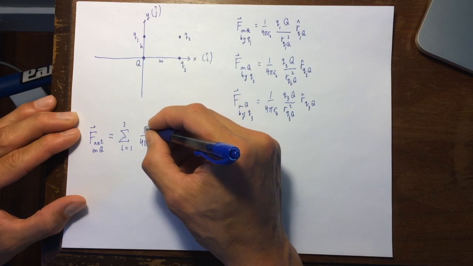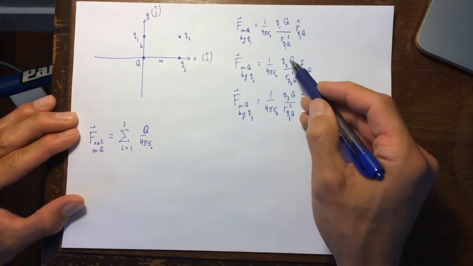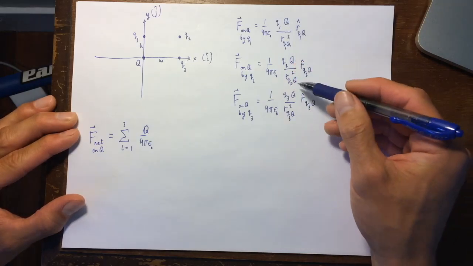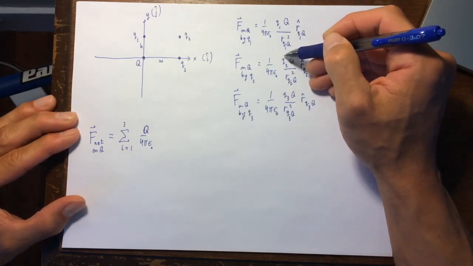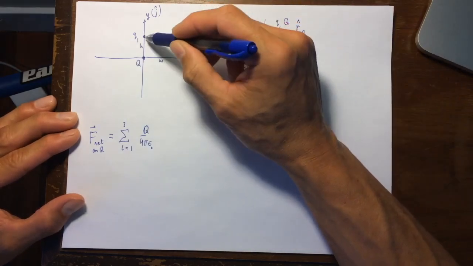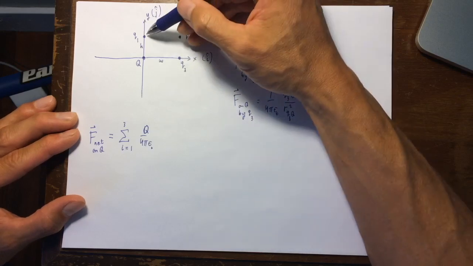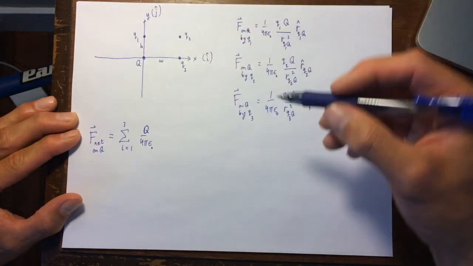Hopefully you can keep up. I'm going to put capital Q. Capital Q is common everywhere. The only things that change are the value of the charge little q on top, because these Q1, Q2, Q3 aren't necessarily the same charges. Could be 1 microcoulomb, minus 2 microcoulombs, plus 3 microcoulombs, for example.